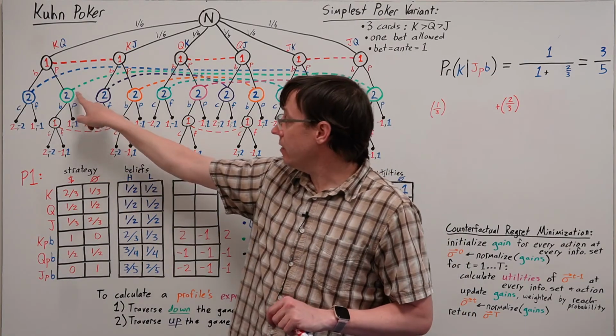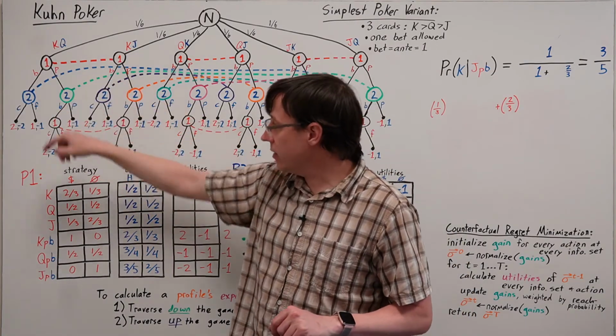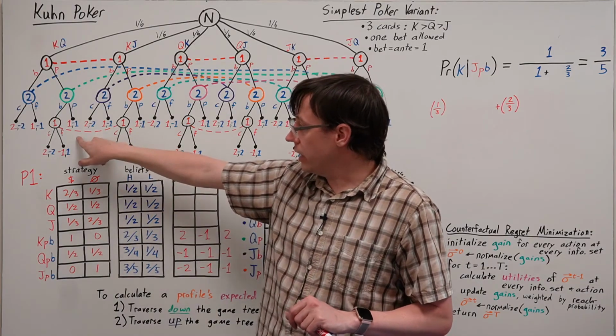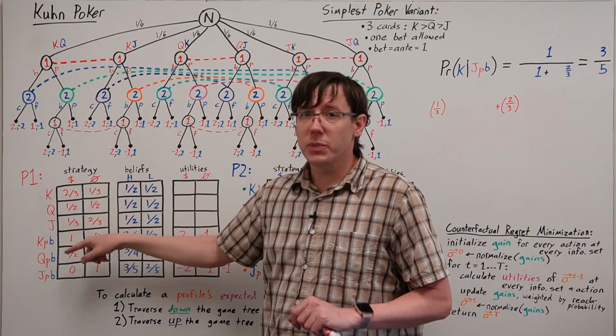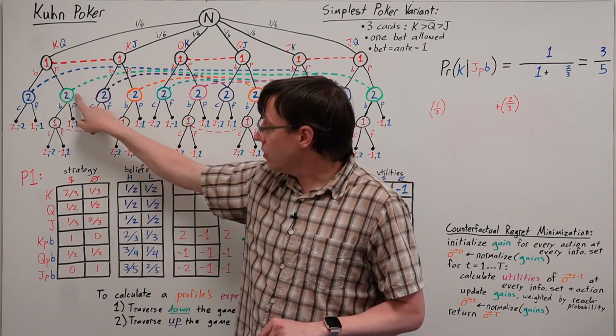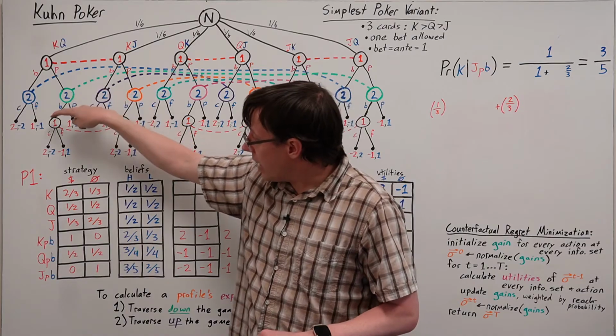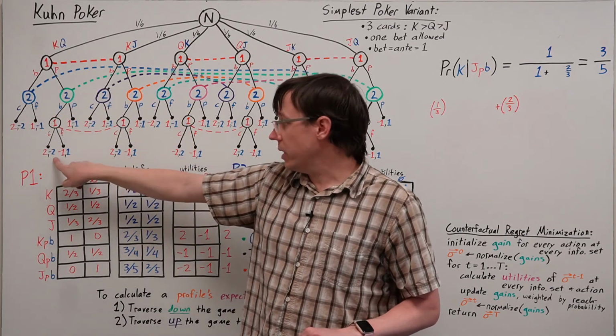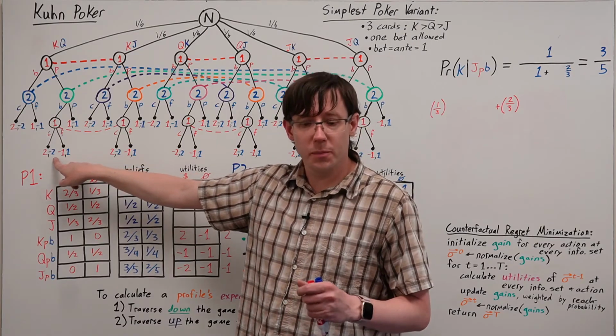And if we're at this state and play bet, then we end up at the information set for player 1, KPB, where player 1's strategy says always call. And so when we play bet, we know that we'll end up at this outcome, where player 2 gets -2.